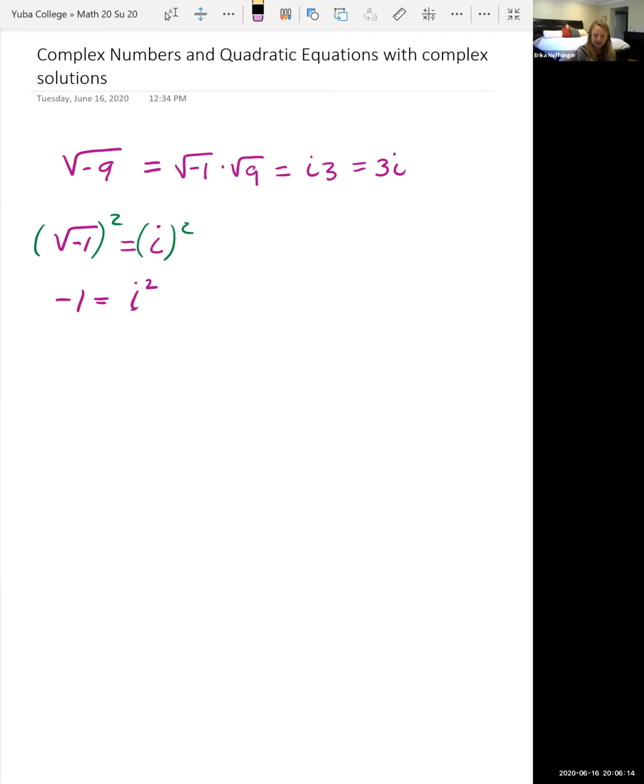Okay, so that's another definition that we need. A couple things you need to remember: the square root of -1 is equal to i by definition, and i squared is equal to -1.